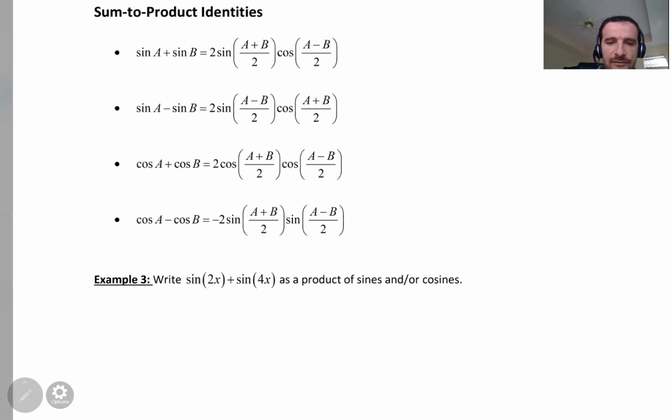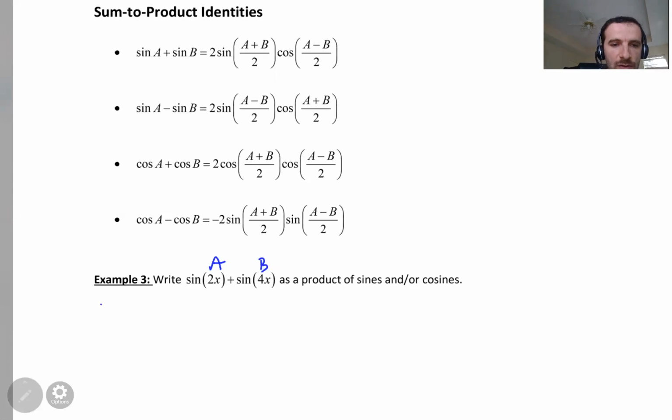Write sine 2x plus sine 4x as a product. So which formula are we going to use? Sine plus sine, so we're going to use the first formula, and A is this and B is that, right? And since in the summation it doesn't really matter which one comes first, I can also switch A and B, but let me keep this order, okay?